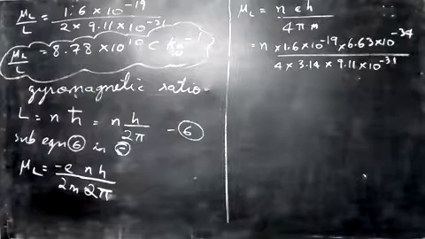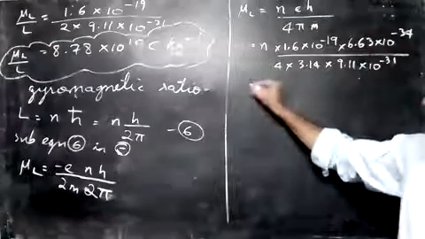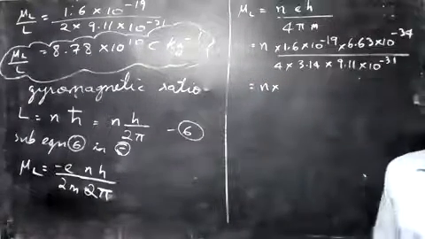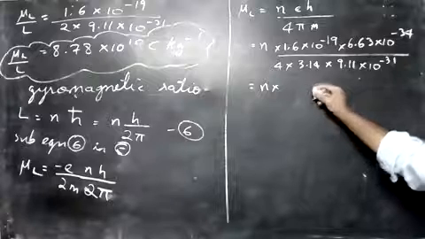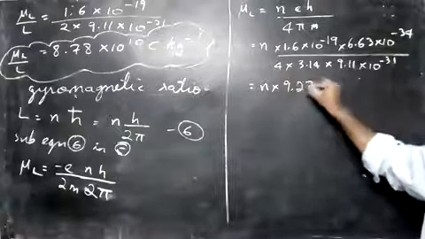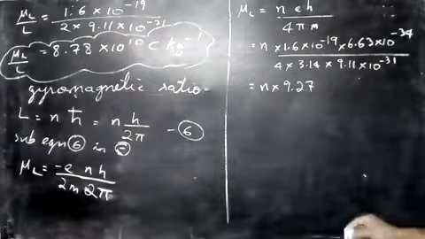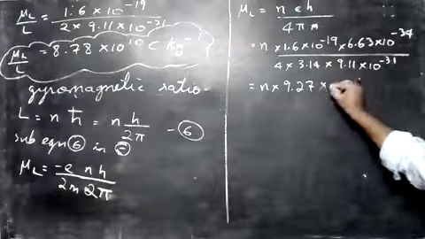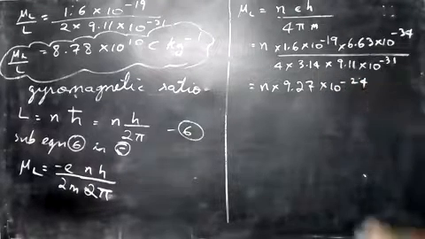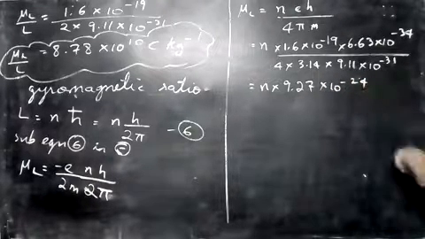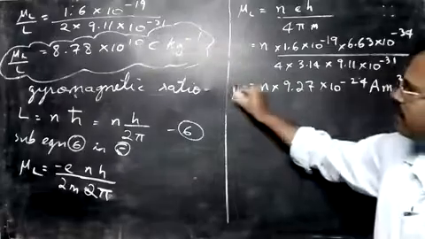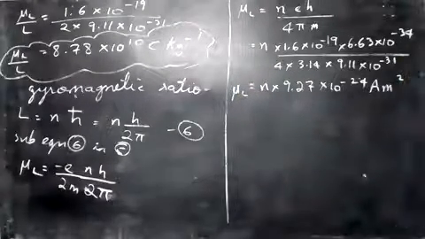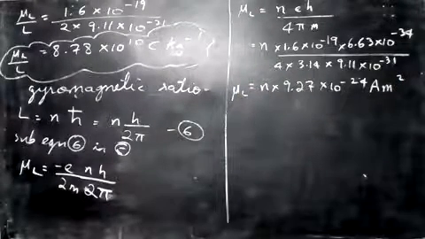When we solve this, we get n into 9.27 into 10 power minus 24 ampere meter square. This will be the value of mu L, the magnetic moment.